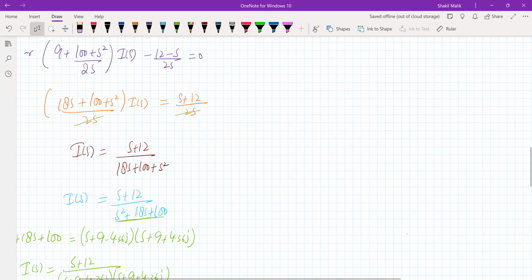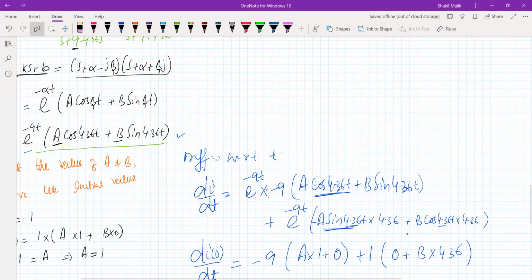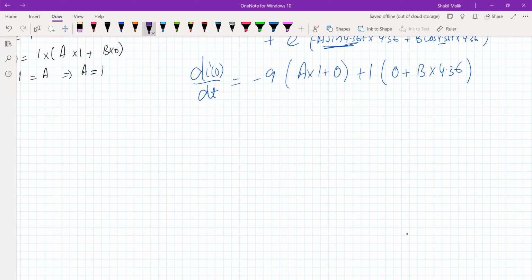But what's our di by dt here? It is minus 6. So substituting the value of minus 6 here, minus 6 is equal to minus 9 times a plus 4.36b. Now what's a? We have already found this is equal to 1.